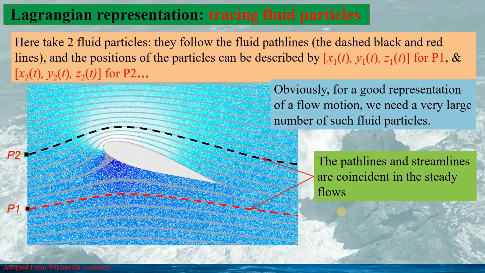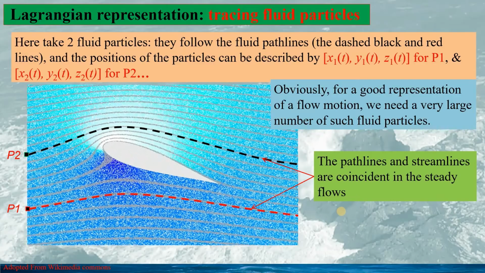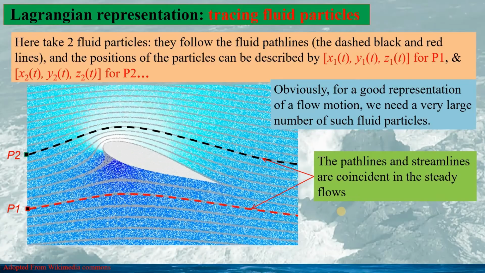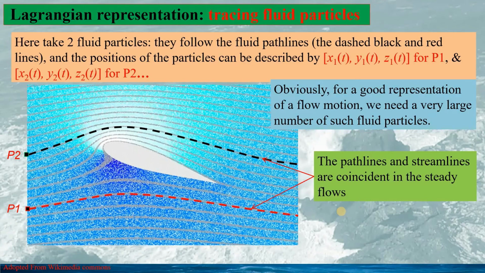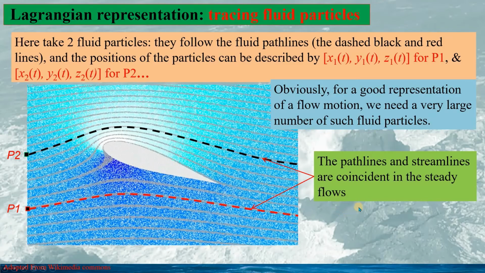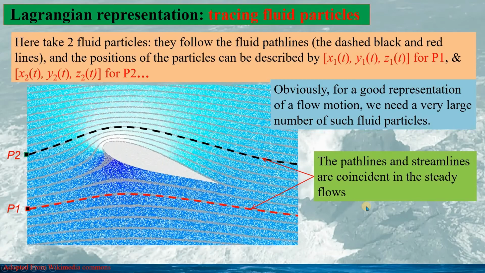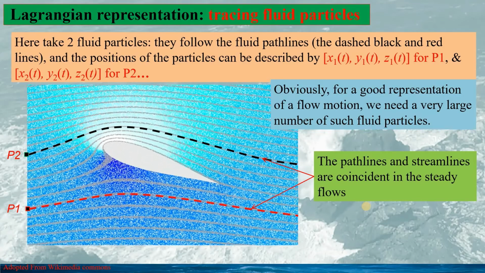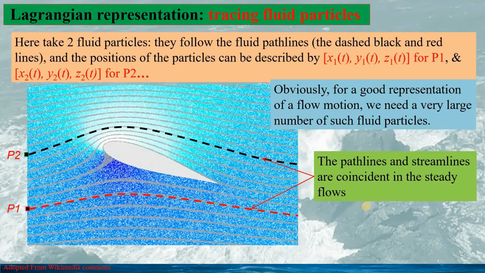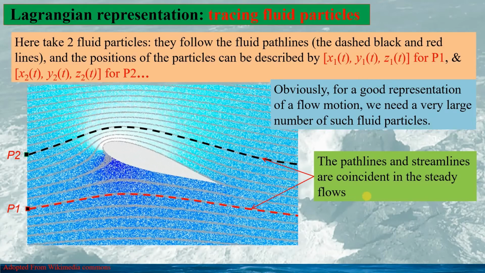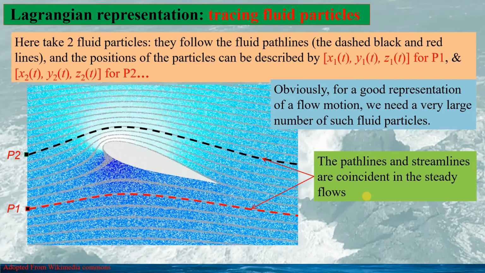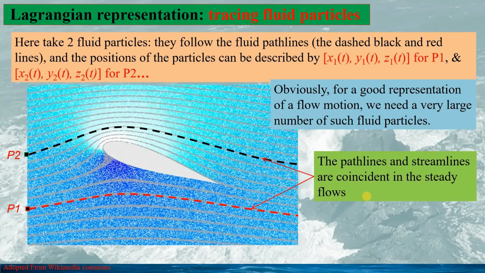A path line is the path of the fluid particles moving along, so it is the trajectory of the fluid particle movement. Thus, a path line can be seen as the time history of the fluid particle movement, while the streamline is a line on which the fluid velocity is tangent to it.